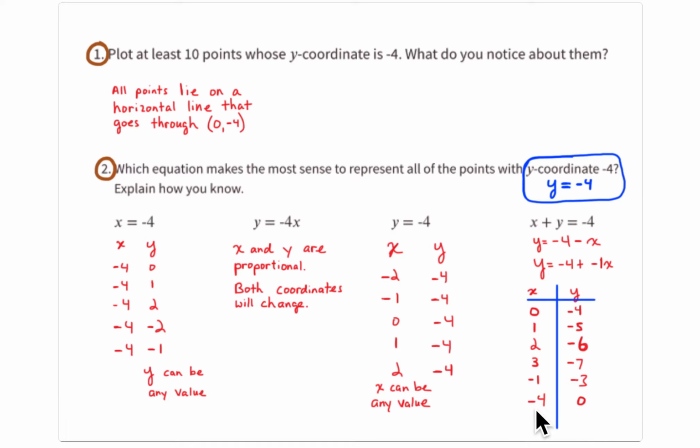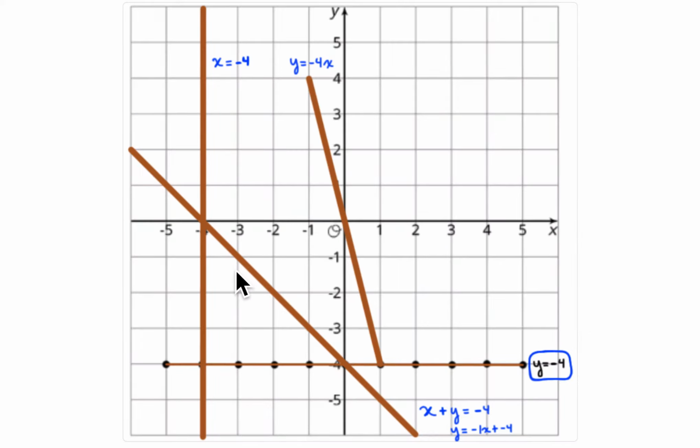So x is -4, y is 0, or x is 0, y is -4. But the point then, once again, is that x and especially the y coordinate changes along this line. It's not fixed at y equals -4, so it is not the equation for this line.